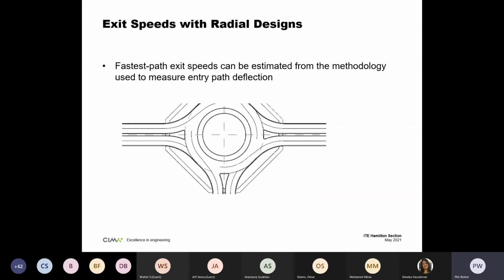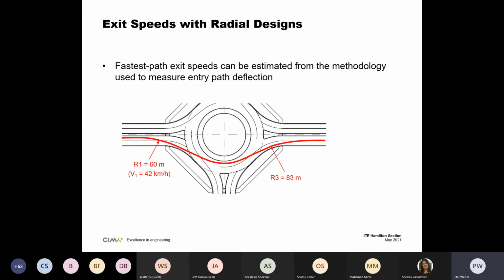So with the radial design, we can estimate the fastest path speed from the methodology used to measure entry path deflection. Now, I haven't shown you all that, but suffice to say, this is how we measure entry path or fastest path speeds. The entry path radius is 60 meters. The fastest path speed is about 42 kilometers an hour.